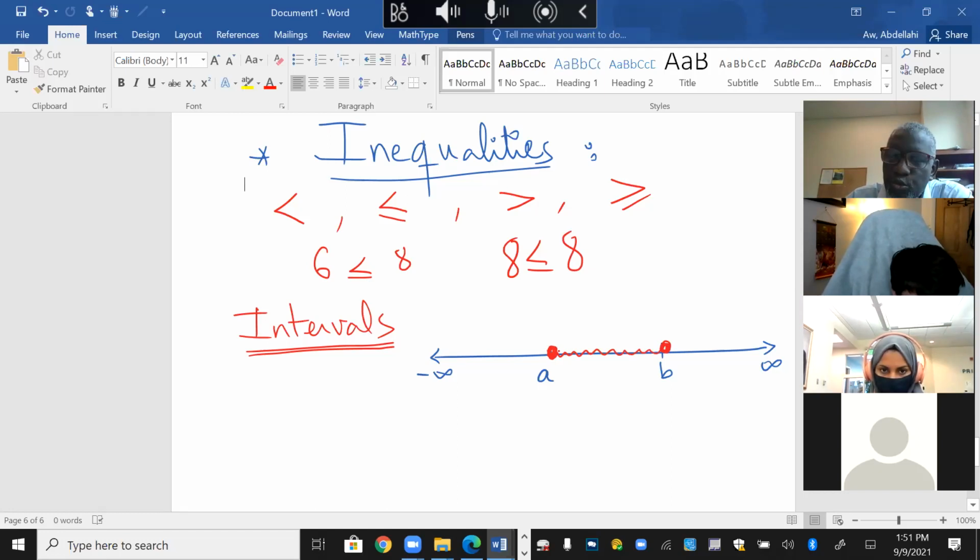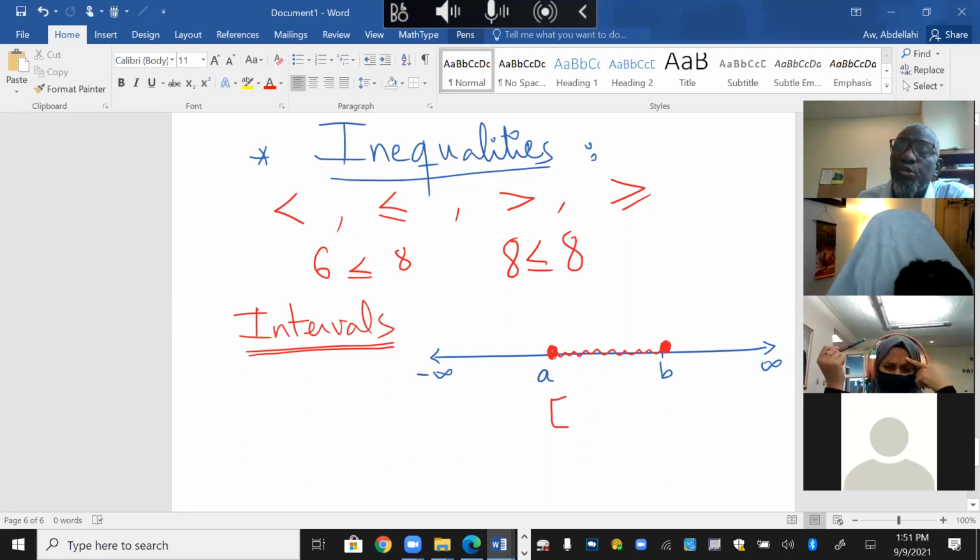Do you remember how we write this interval? Yes, with the brackets. The brackets mean included. A, comma, B, in brackets.